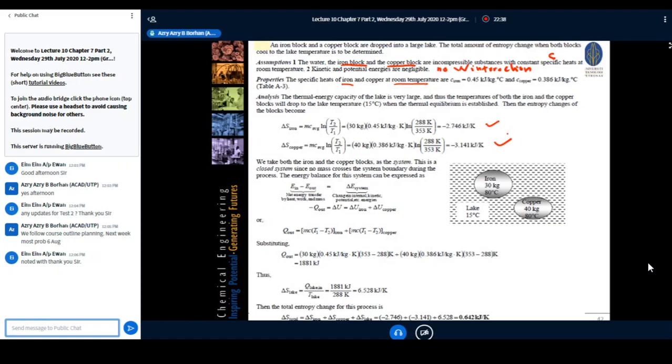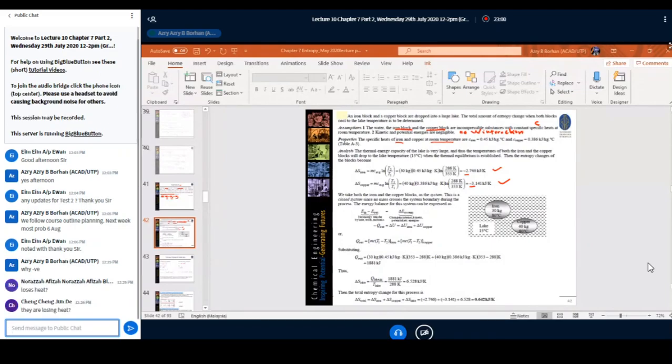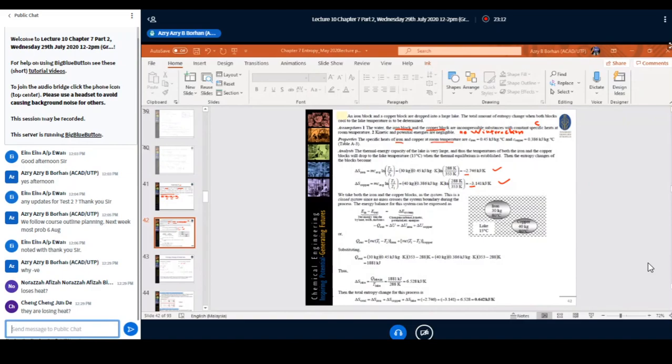Guys, did you notice that you have a negative symbol on both entropy for iron and copper? Can I know why? Okay, some friend mentioned that both bodies are losing heat.